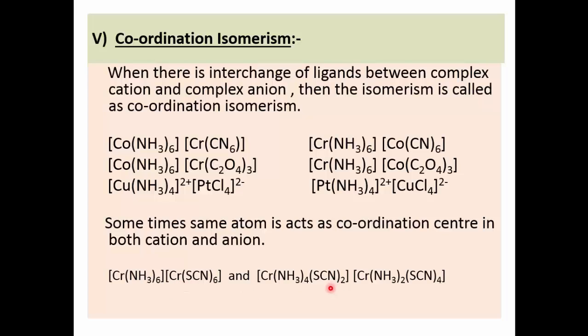Here also these 2 and these 4 thiocyanate ions are coordinated to chromium. Got it? So that means the same atom, chromium, acts as coordination center in both cation and anion. Got it? So this is called coordination isomerism.